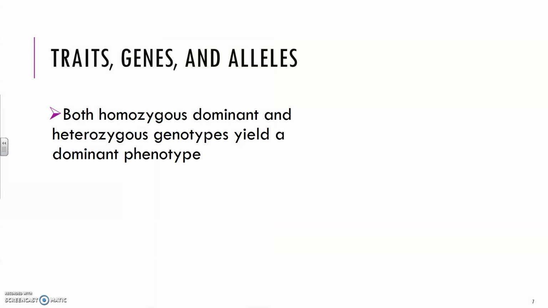So both homozygous dominant and heterozygous genotypes will yield a dominant phenotype, no matter what that is, okay? No matter what the gene is for. There is actually a genetic disease called Huntington's disease, which is basically going to result in death. Okay, it won't be a very pleasant way to go because it does take years, but Huntington's disease is actually a dominant trait. Okay, it doesn't express until a person is about 40 years old.